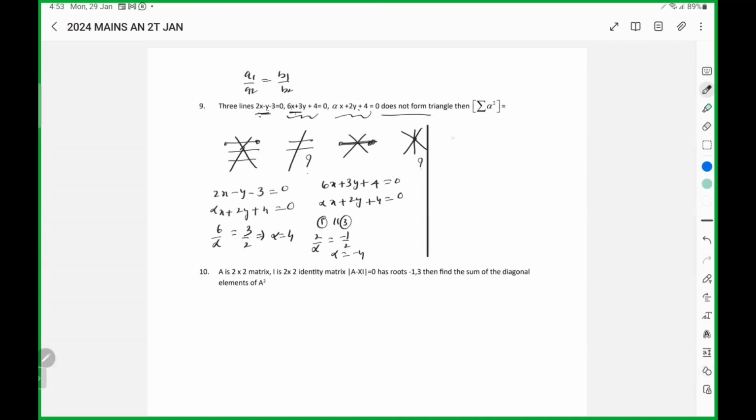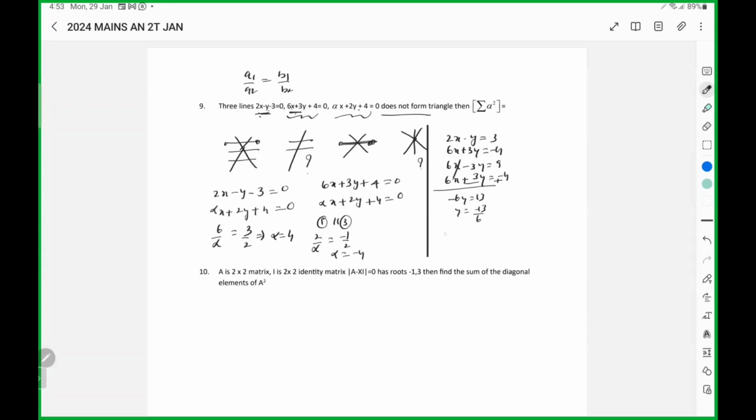That is 2x minus y is 3. 6x plus 3y minus 4. So here it is minus 6y is 13.